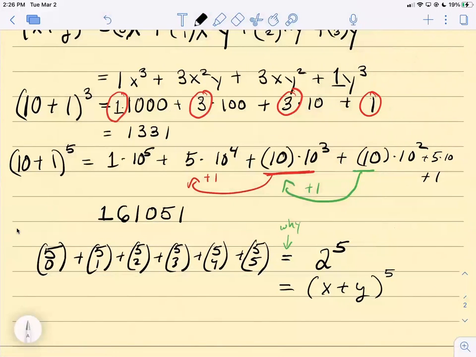Just why is 2 to the 5th equal to 5 choose 0, 5 choose 1, 5 choose 2, and so forth? How could we come up with an explanation in general for the row of combinations adding up to 2 to the n? The hint is kind of how I wrote it here. I want to make this somehow look like this. Can you guys think of x and y that would work?